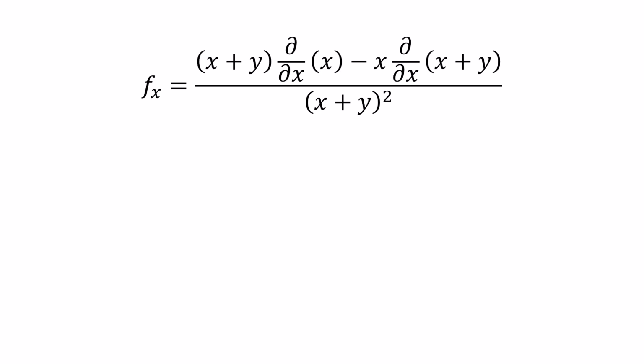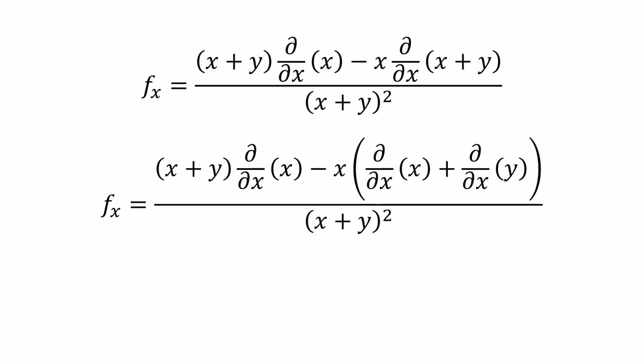Applying the sum rule, we get f sub x equals x plus y d by dx of x minus x times d by dx of x plus d by dx of y all over x plus y squared.